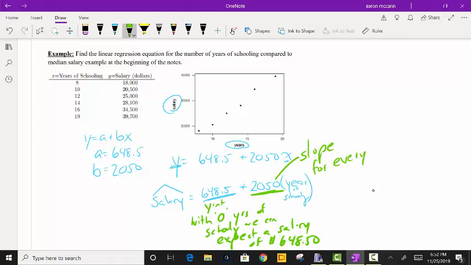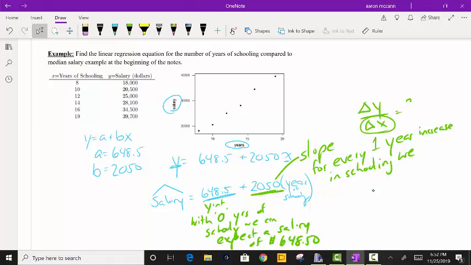for every 1 year increase in schooling, because it's change in y over change in x, and x is our years of schooling.